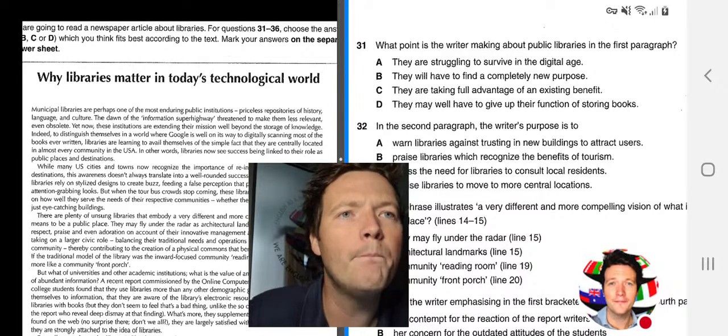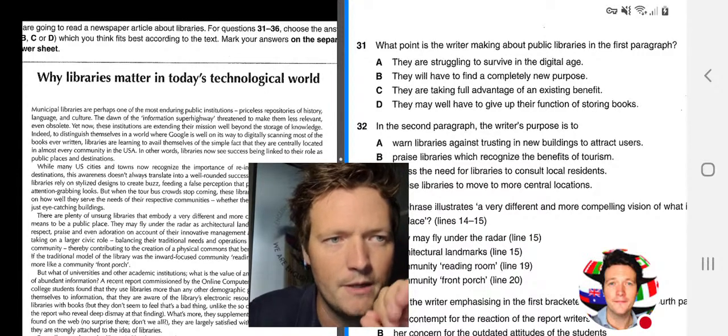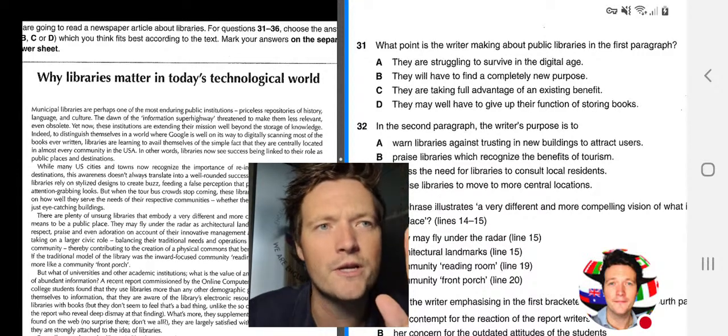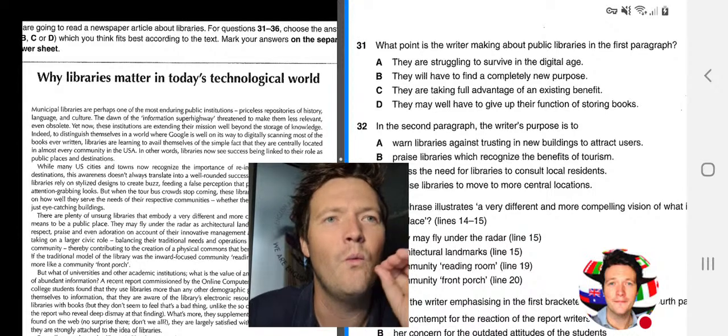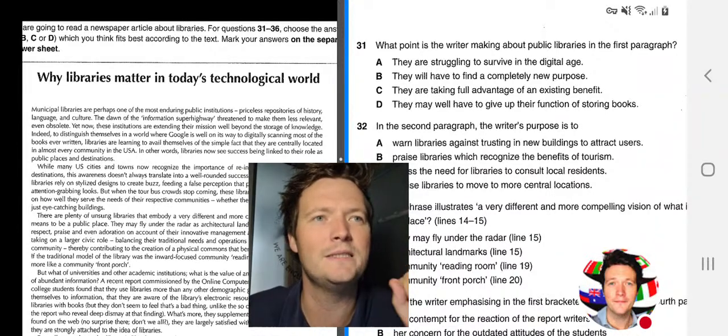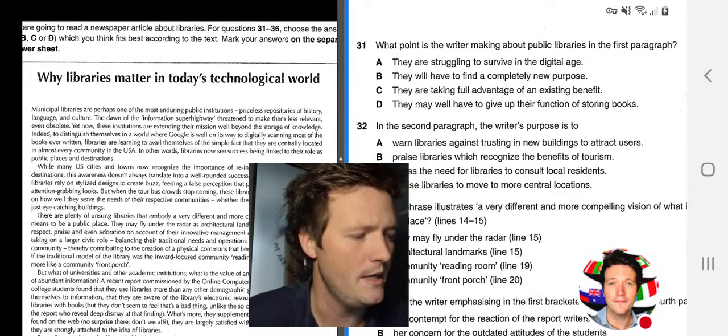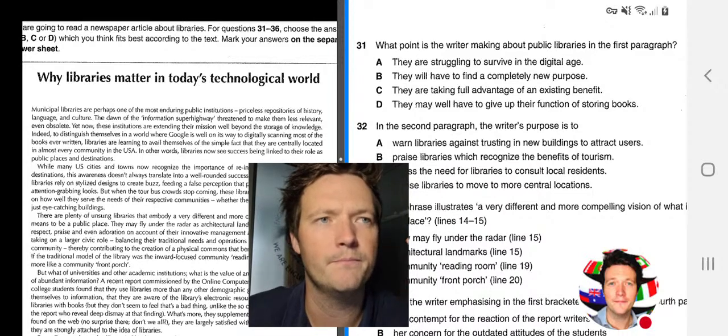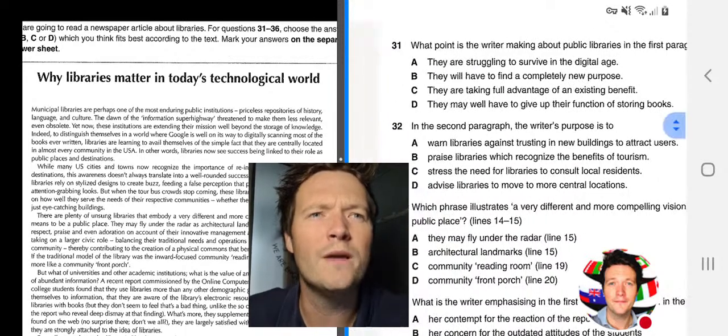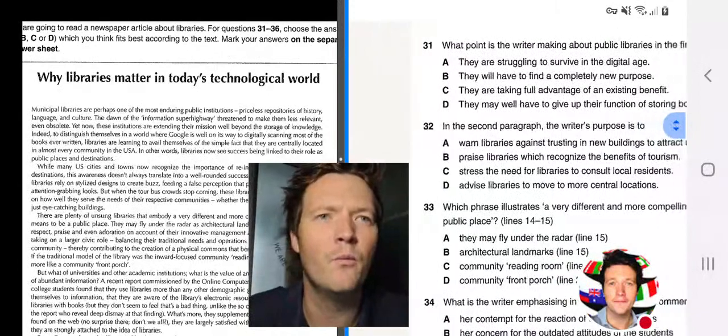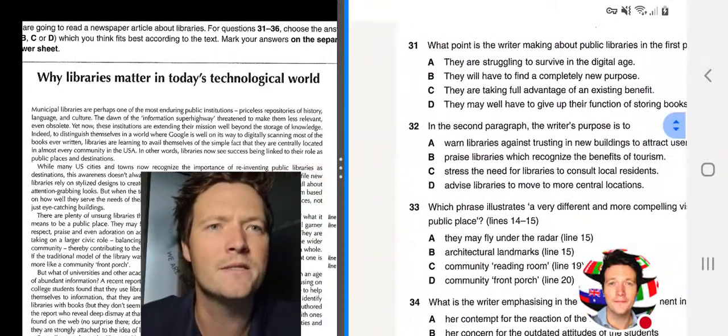It says, what point is the writer making about public libraries in the first paragraph? I'm not interested in the options at this point. What point is the writer making about public libraries in the first paragraph? Okay, what is he trying to say about them? What is his main message?